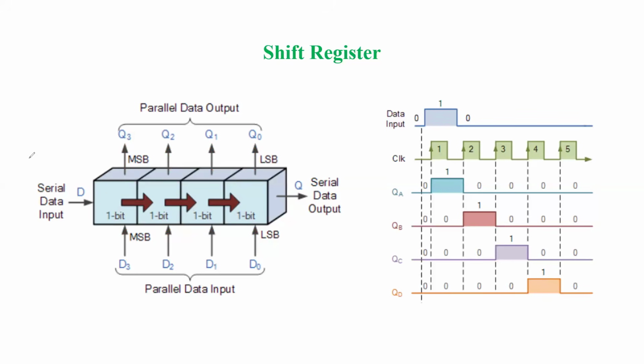Later, on the right side, we have one example of how transfer of the data takes place. Here we are considering the initial condition, when suppose the clock pulse is not available, or the clock is applied but the positive edge trigger has not yet occurred.